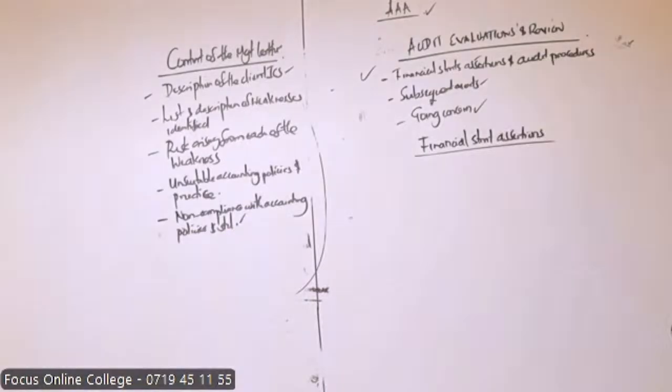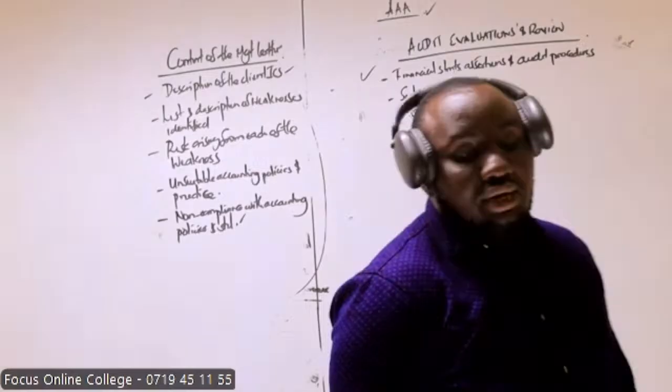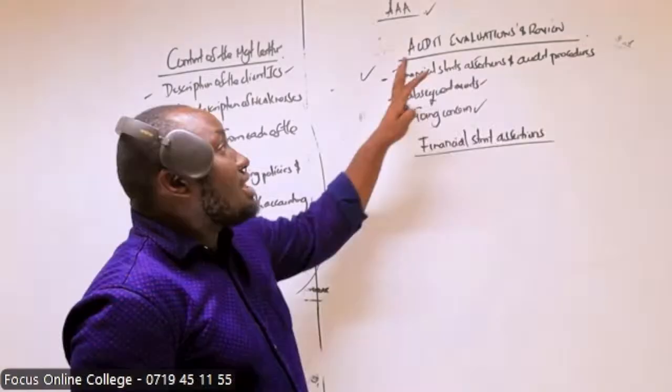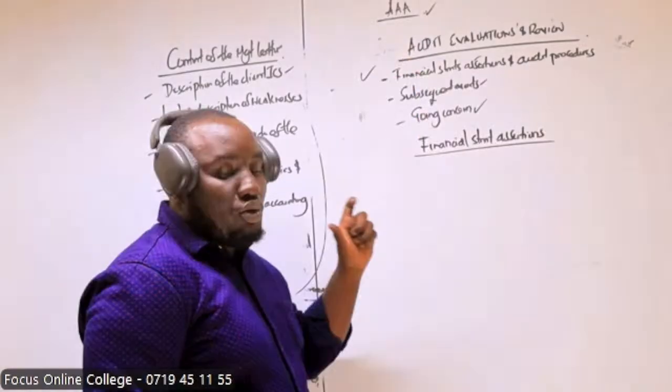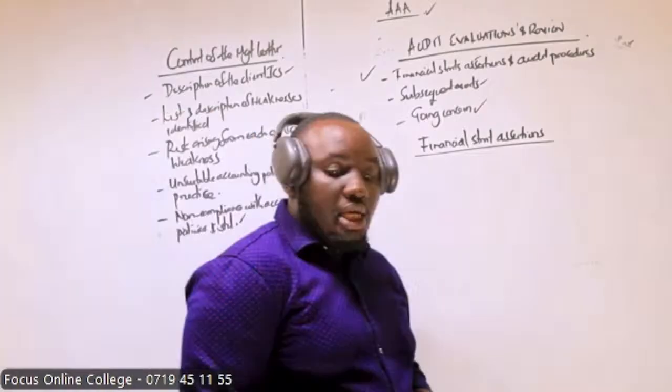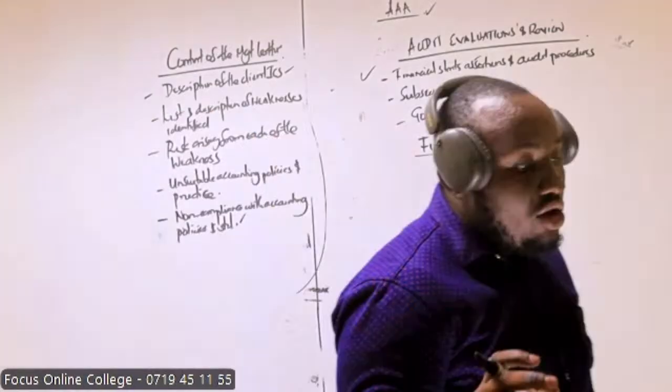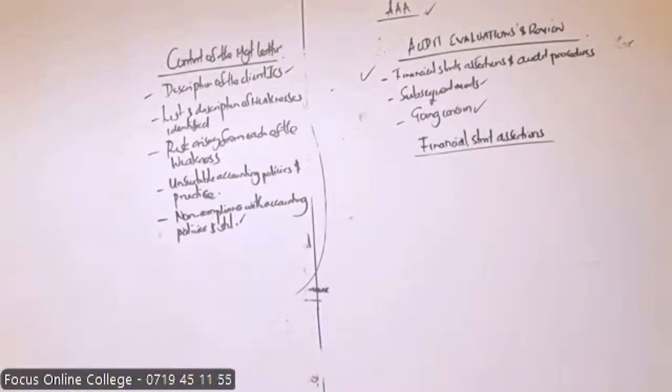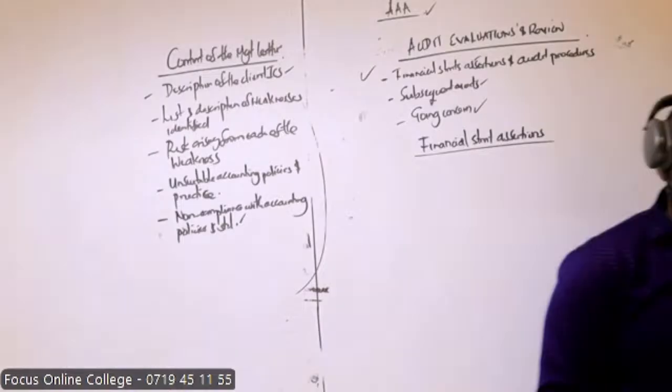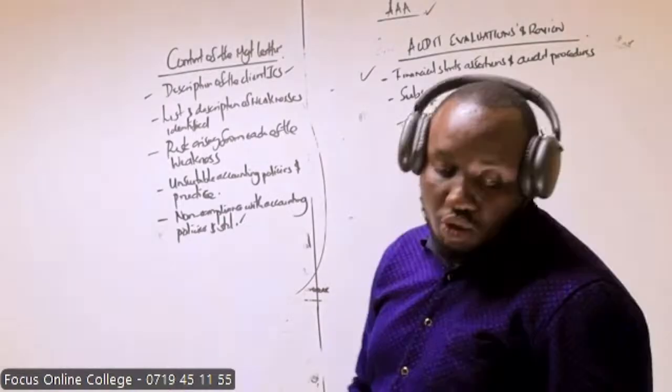That is the first thing. Audit of bank and non-bank related entities, we are going to discuss under audit evaluation. John, I've said that this is a very crucial topic. So I want us to be very keen on this topic altogether.